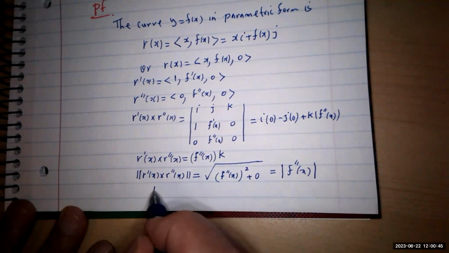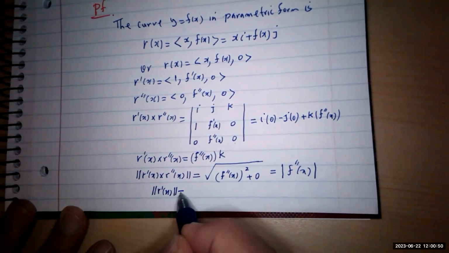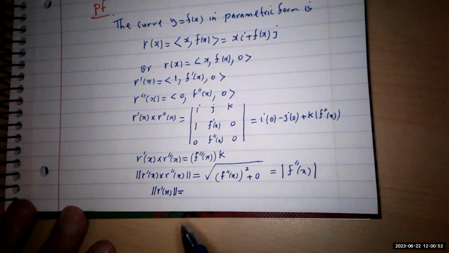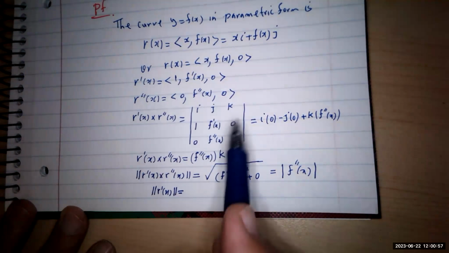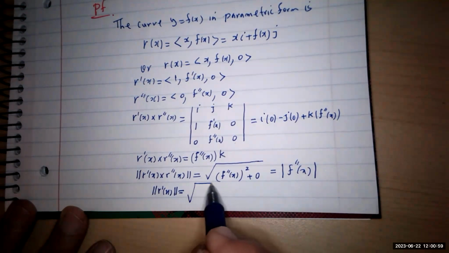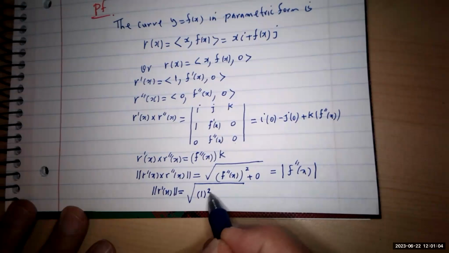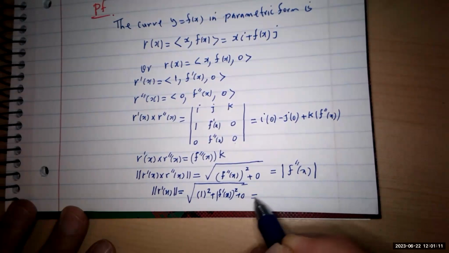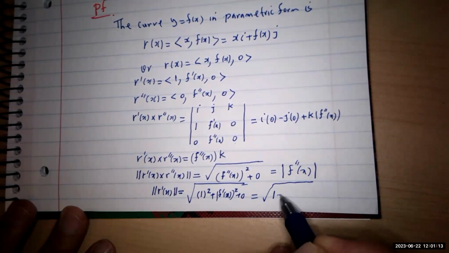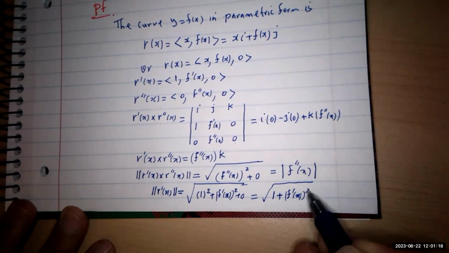And you need the norm of r prime of x. This is your r prime. So the norm is going to be the square root of 1 squared plus f prime of x squared plus 0. So that gives simply the square root of 1 plus f prime of x all squared. That's it.